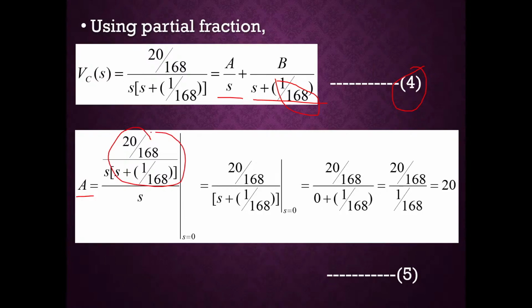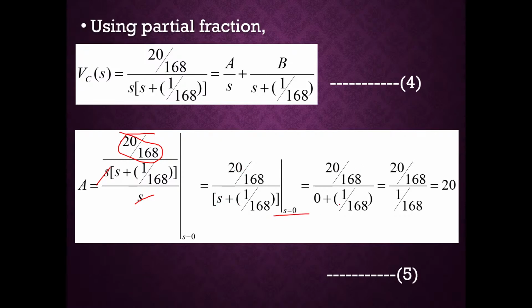Write down the whole term divided by s at s equal to 0. So now s cancels. What is left over? 20 by 168, you can also simplify. I didn't simplify it, I have left it as it is. Now what is left over? 20 by 168 by s plus 1 by 168. Substitute s equal to 0.